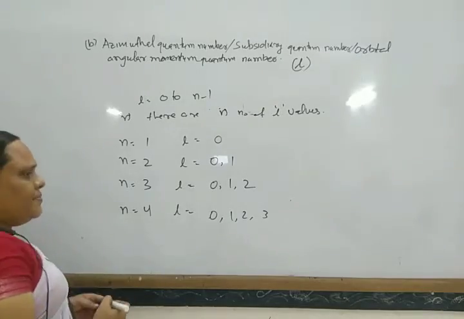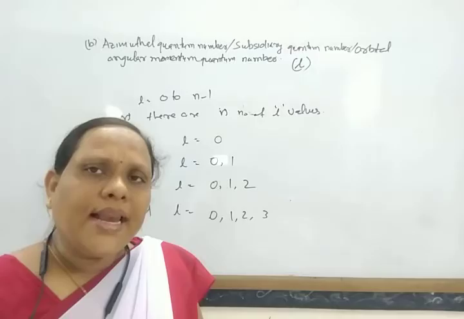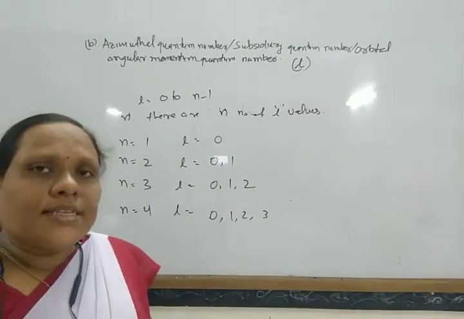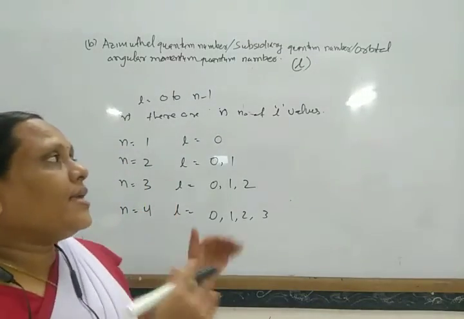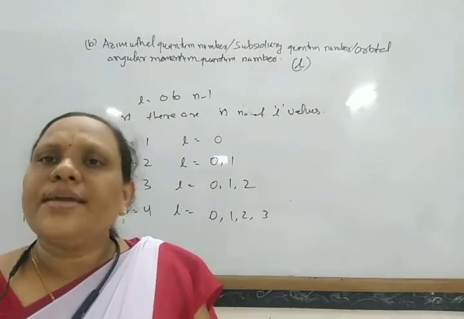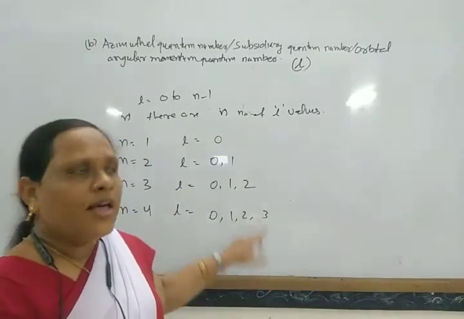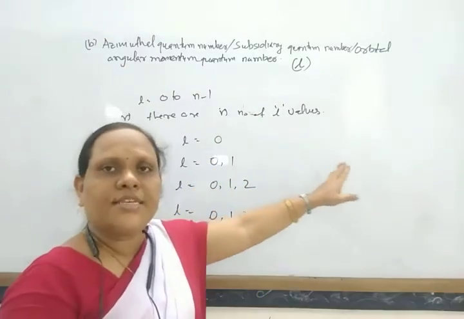So as it represents the different cells K, L, M, N, the increasing order of energy is K cell is less than L cell, than M cell, than N cell. In this way, for a particular value of L, there is a designation of the subcell.